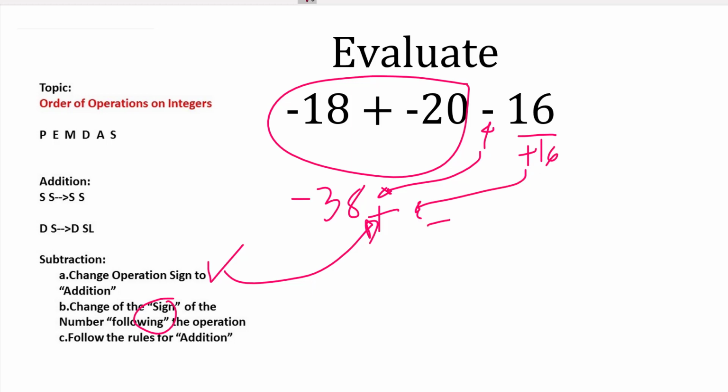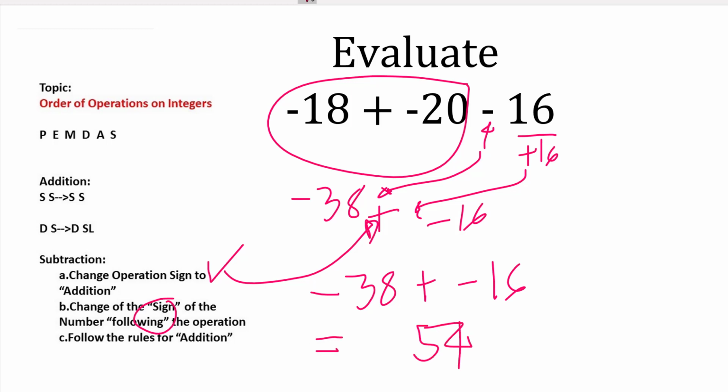So minus 38 plus negative 16 equals 54, and that 54 carries the sign of the negative 38 and the negative 16.